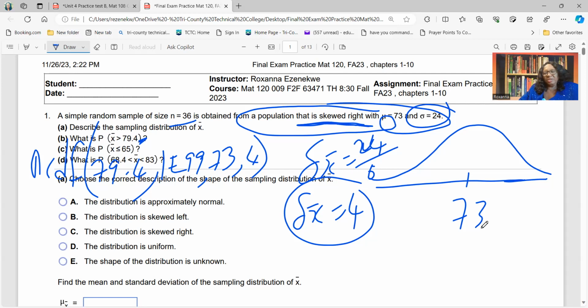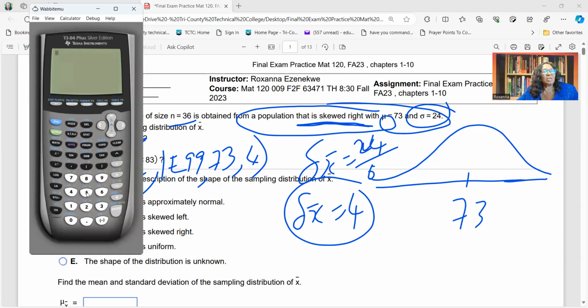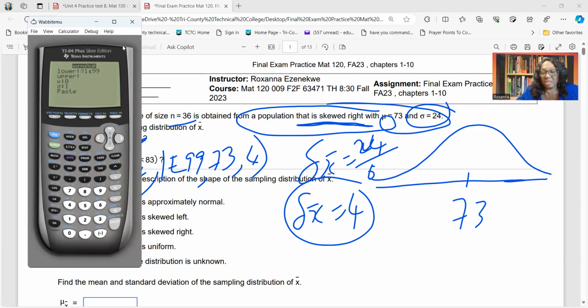Okay, and now you get a calculator and calculate the area to the right. Second, distribution, and I'm looking for the area under the normal curve. The lower bound is 79.4. The upper bound is 1E99.